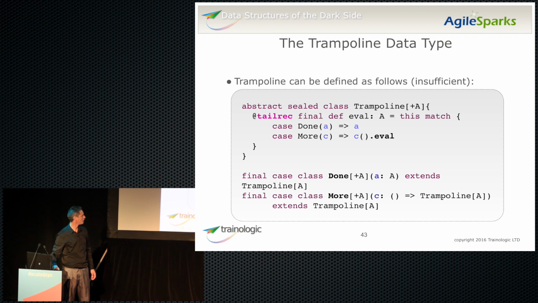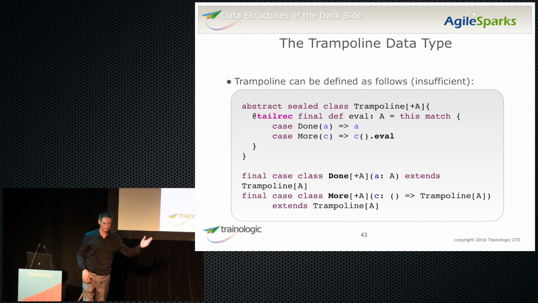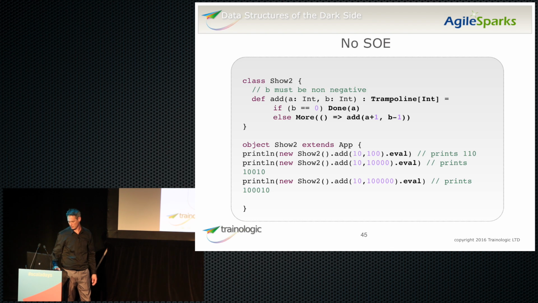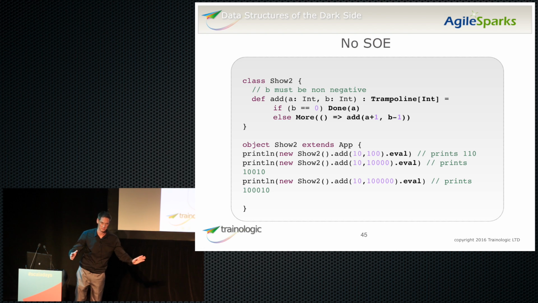And my eval function is a tail recursion, which means it's constant stack. If it's done, return the value. Otherwise, just call eval on the next step. And here I can turn my example into a tail recursion. Okay? You see? Now, it will work. Using a trampoline, a little bit of code there, and that's nice.